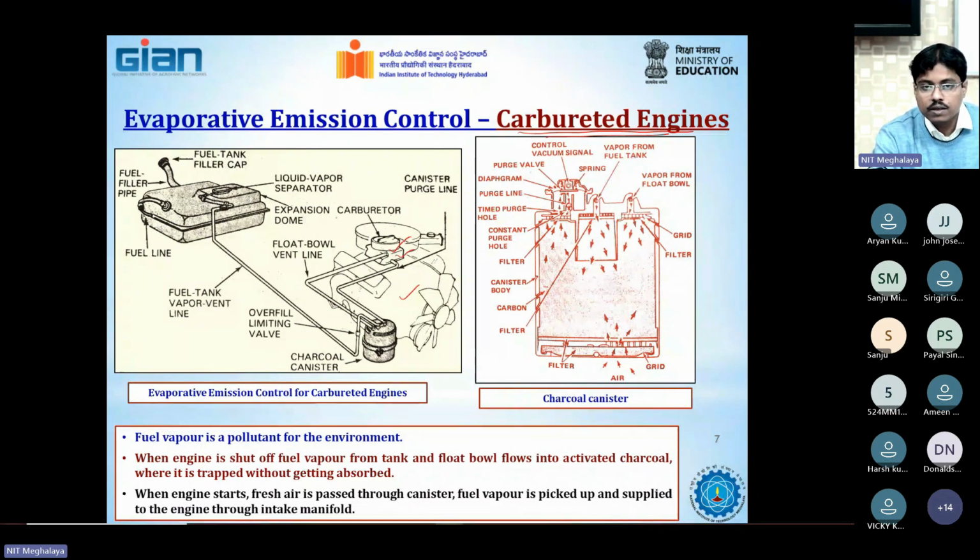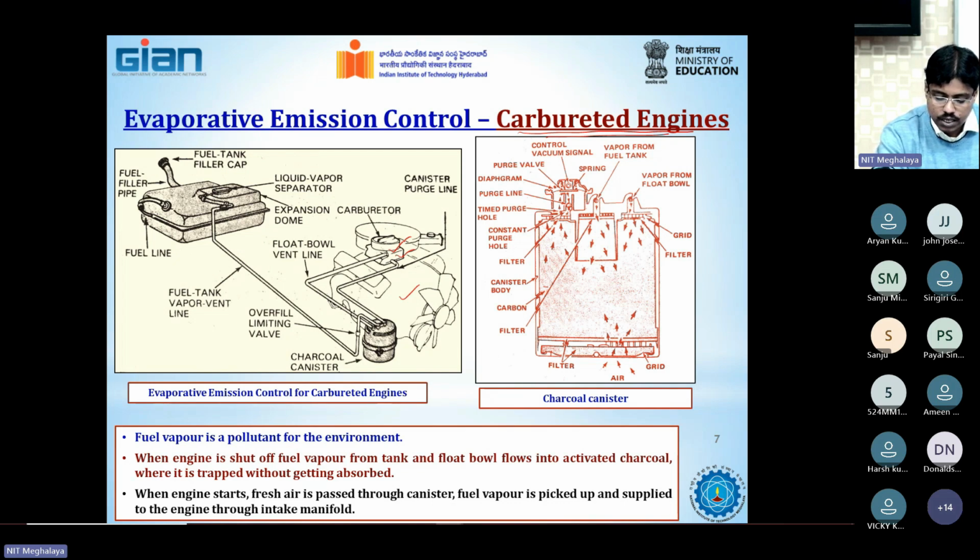Second problem is that this fuel vapor is a vaporized hydrocarbon, so when it comes into the atmosphere, it will create pollution.